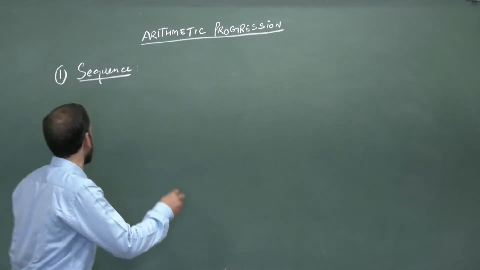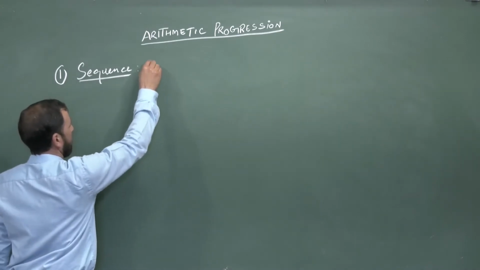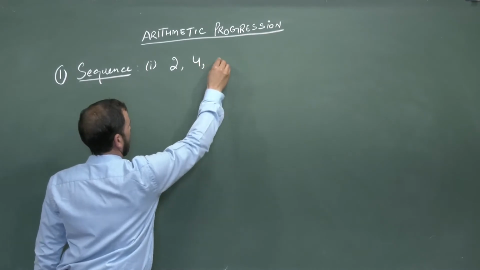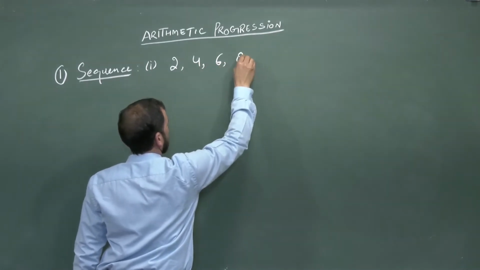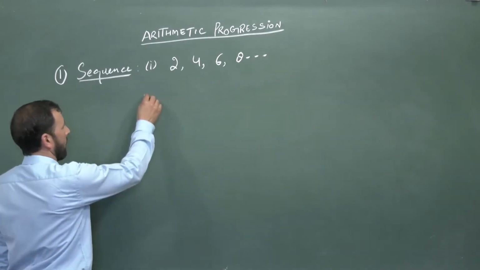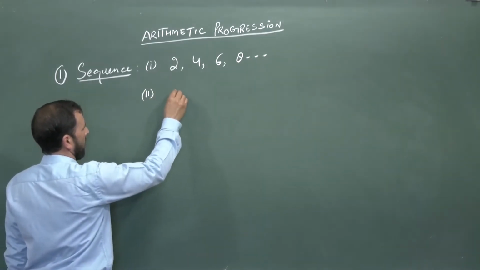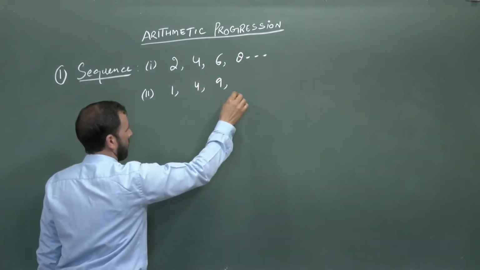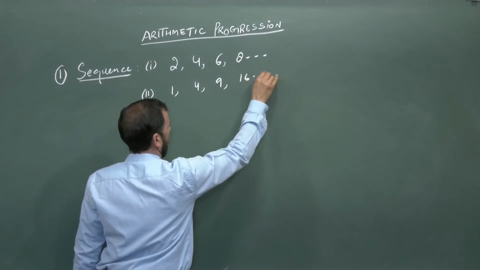So first of all, the first example is here. If we take a list of numbers 2, 4, 6, 8 and so on. Take another example, the second one: 1, 4, 9, 16 and so on.